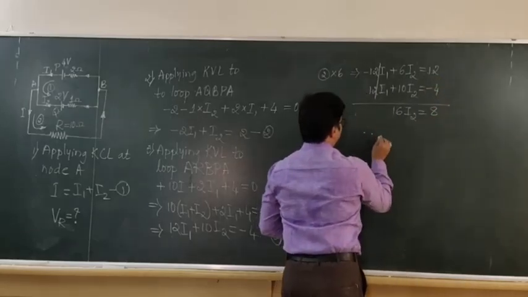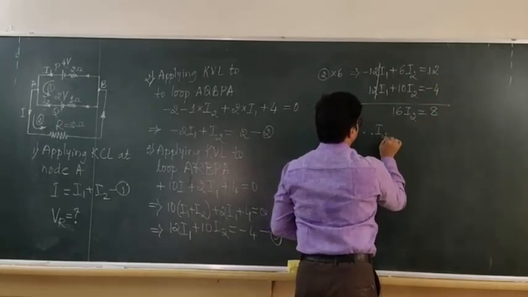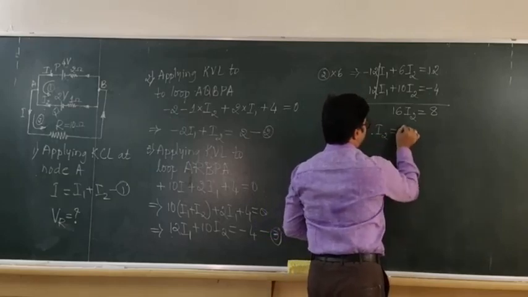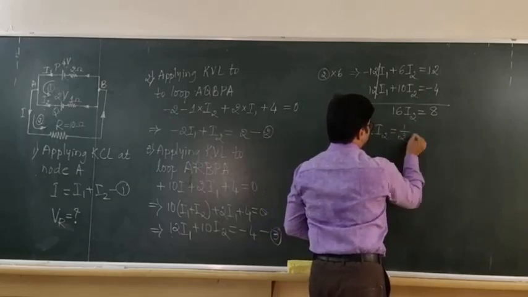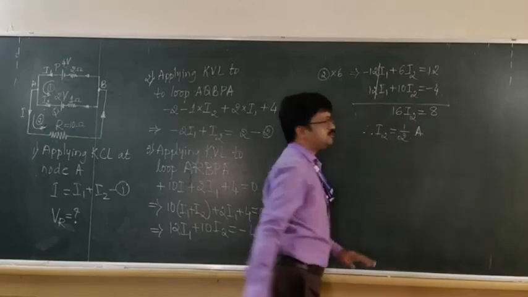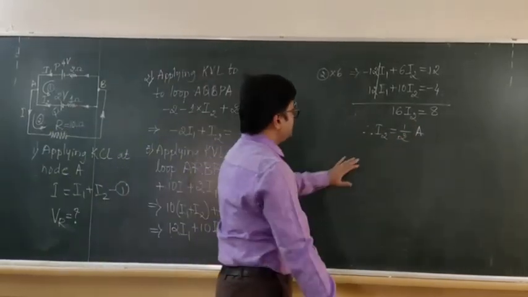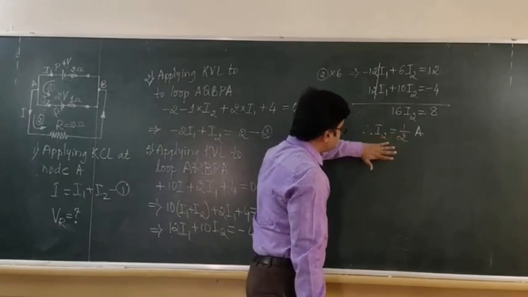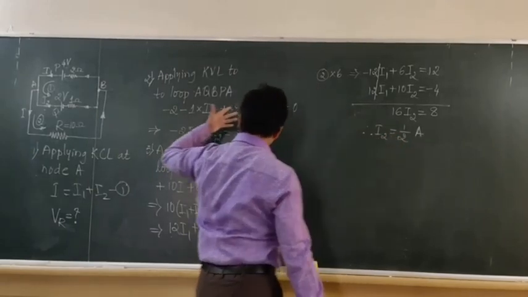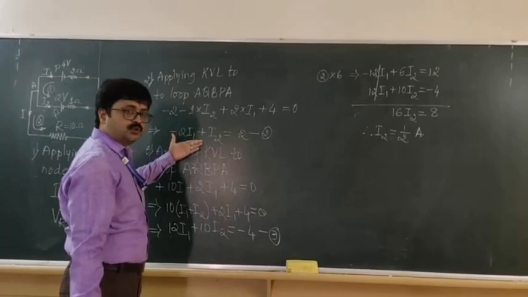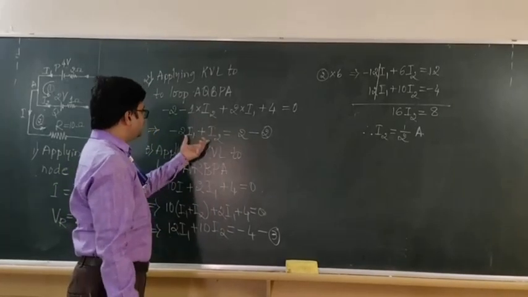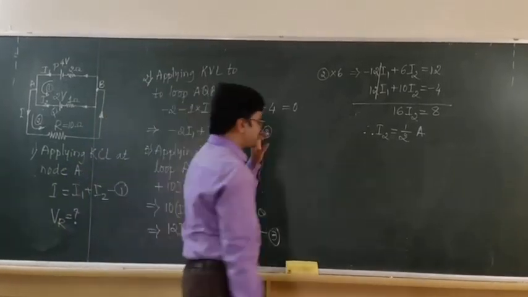So therefore I2 is equal to 8 by 16, that is 1 by 2 ampere. So I2 we have obtained as 1 by 2 ampere. Now let us substitute this value of I2 in equation 2 or equation 3 to get I1. That should be our next step.